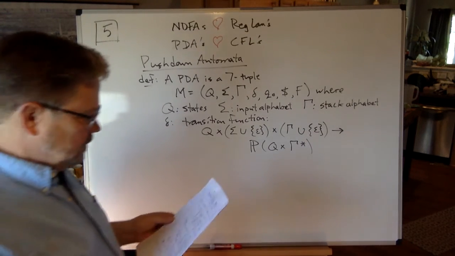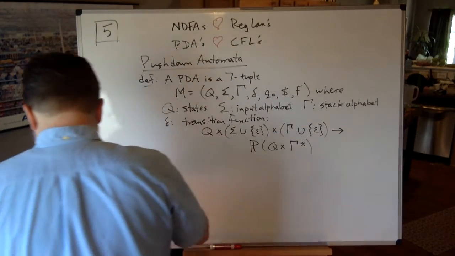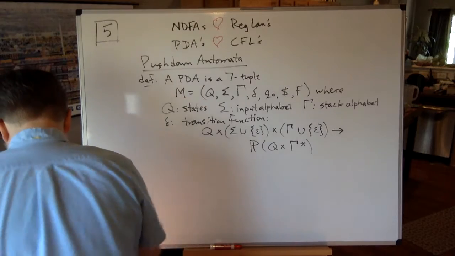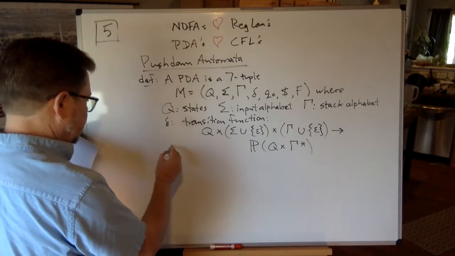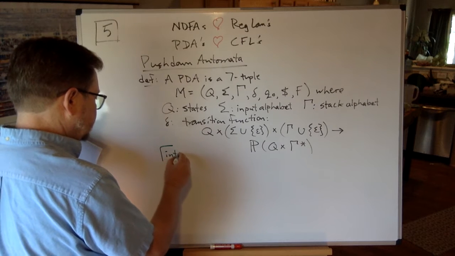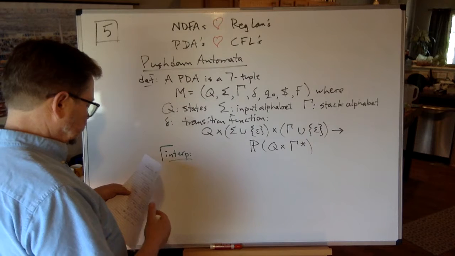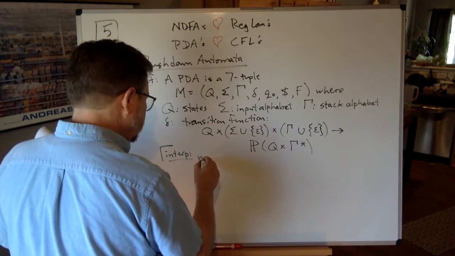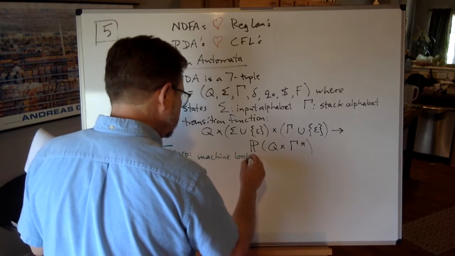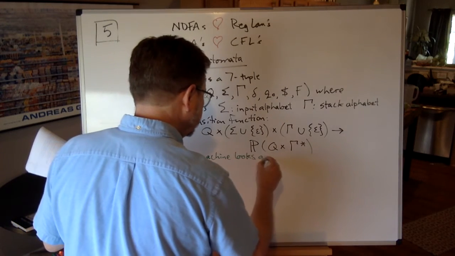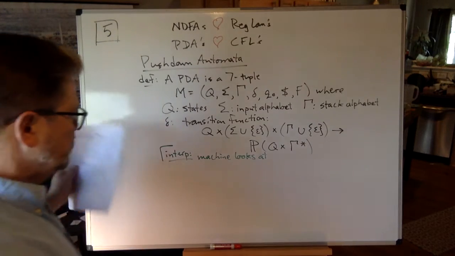So all we've got to do is figure out what that actually means. I'm going to switch color for the interpretation, because it's not technically defining what those pieces are. Interpretation, abbreviated. The machine looks at, it's going to decide what to do next, but it's got to look at stuff to decide what to do next.